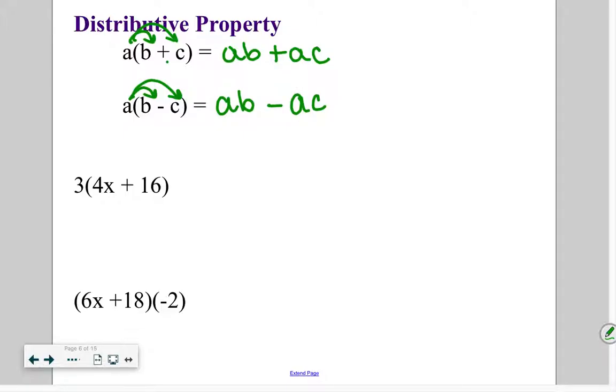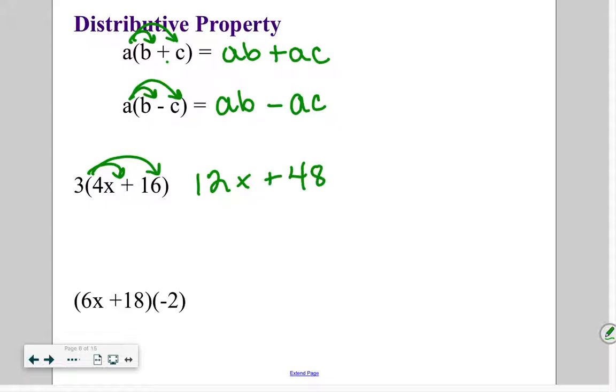So, next one is how we're used to seeing it. 3 times the quantity 4x plus 16. We need to distribute the 3 to everything inside these parentheses. What is 3 times 4x? And what's 3 times positive 16? 48. What kind of 48?